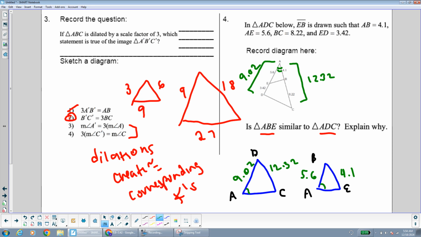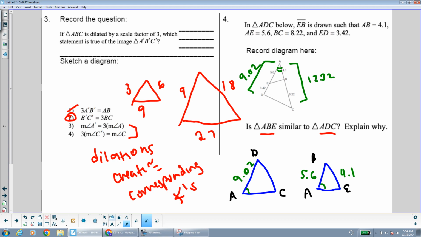And when you redraw the triangles, now what we can see is that we do have some corresponding sides here. Now we have to check if they're proportional. So I'm going to make a proportion involving the corresponding sides. Oh, my bad. I wrote AC for AD.